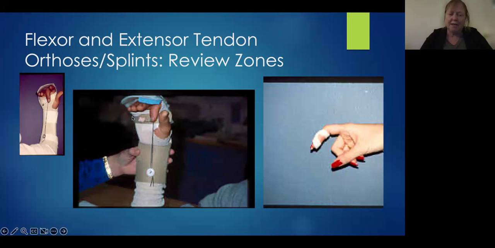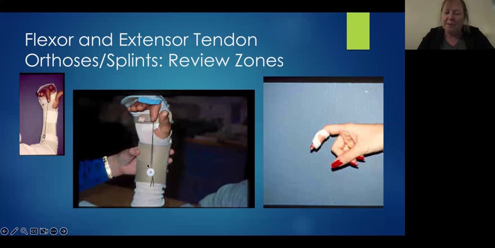And that's what you see in here. This is just one example. There are many different types of protocols out there for flexor tendons, but the big take-home message is, know that when it is a zone 2 flexor tendon, such as in these two cases here, we always make a dorsal protection splint.